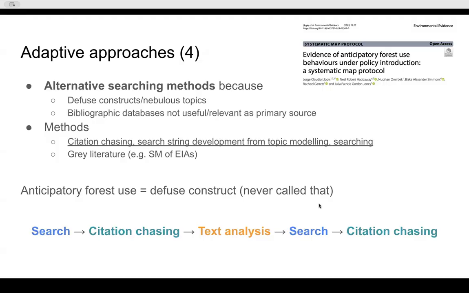So a sort of sequential bouncing between using citation networks and bibliographic searching.